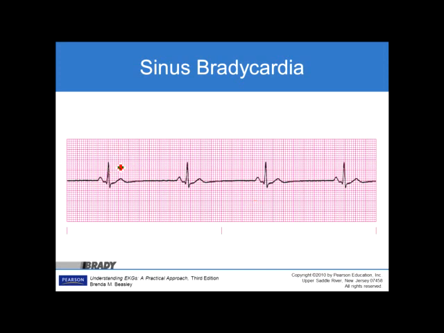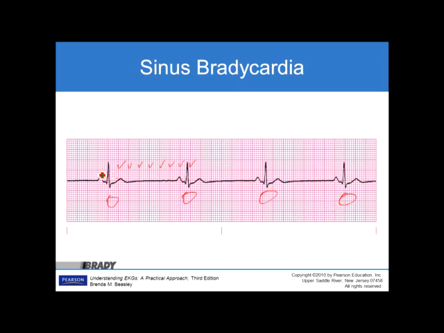R to R method, start off with it: 300, 150, 100, 75, 60, 50, 40, 38. This is pretty slow. Greater than 38, less than 40. By the 6-second strip method, 1, 2, 3, 4 times 10, 40 beats per minute.